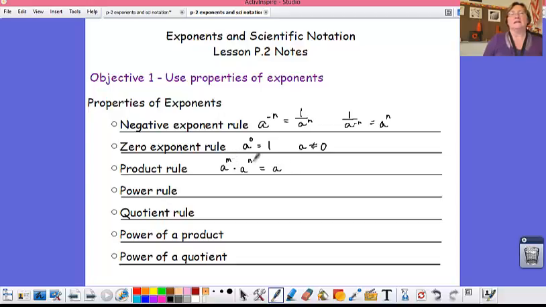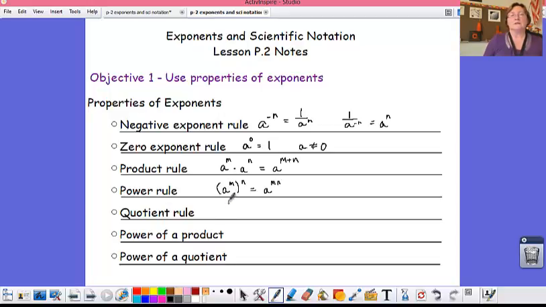So a to the m plus n power. The power rule, which sometimes people mix up with the product rule, says that if I have a power, like a to the m, raised to a power, I multiply the exponents. So this would be a to the mn.